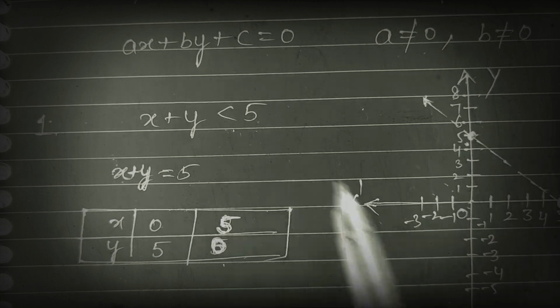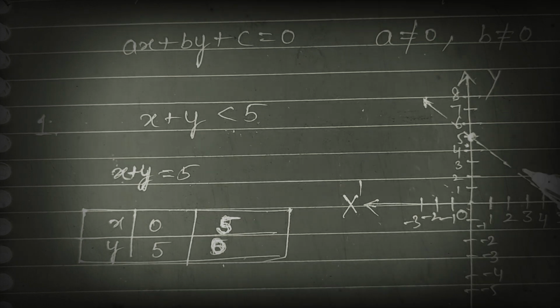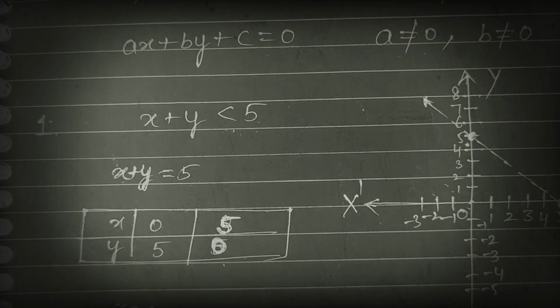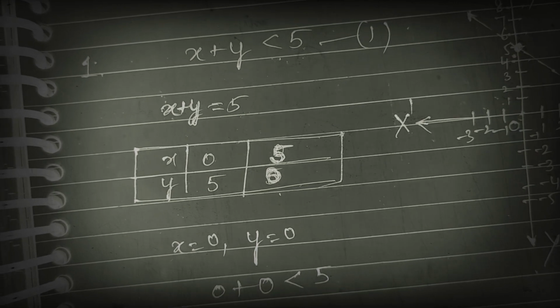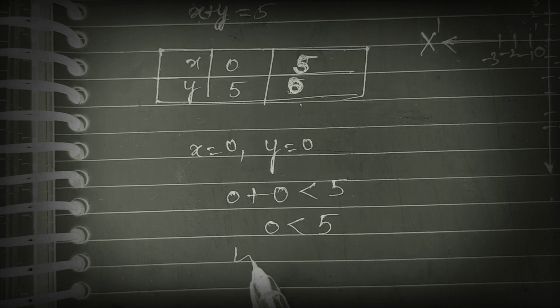If this does not satisfy this, then the shaded region is away from the origin. It means the opposite side. So I am putting x is equal to 0 and y is equal to 0 in this inequation, the first inequation. So 0 plus 0 is less than 5. Is it true? It satisfies, which is true.